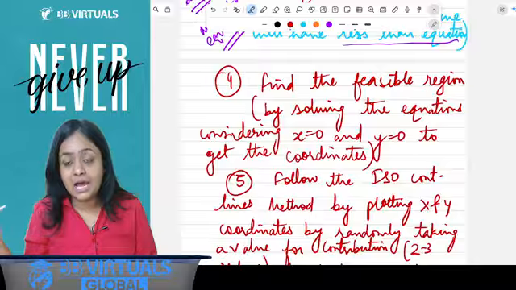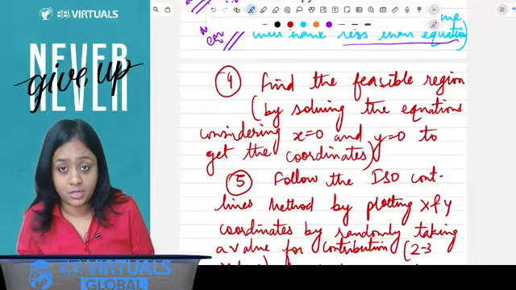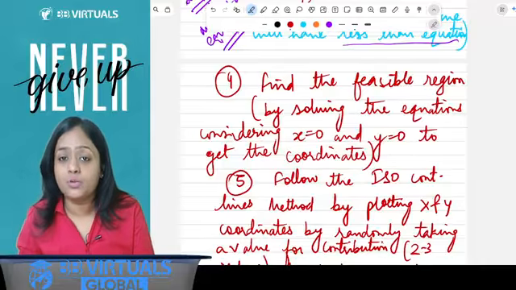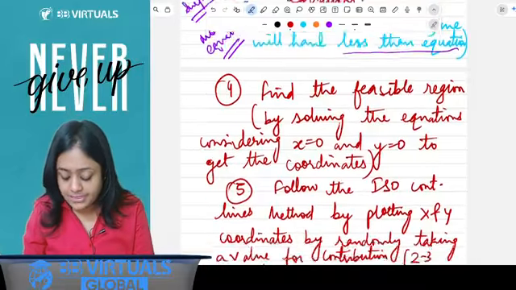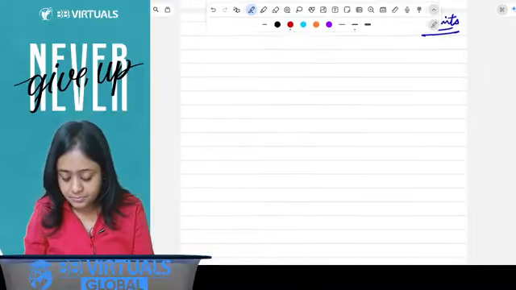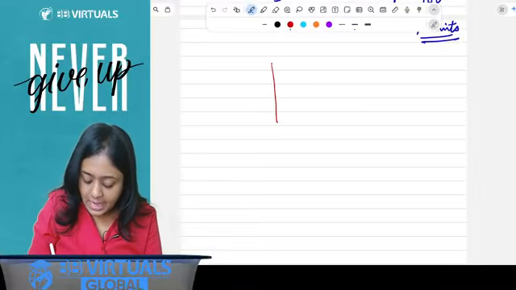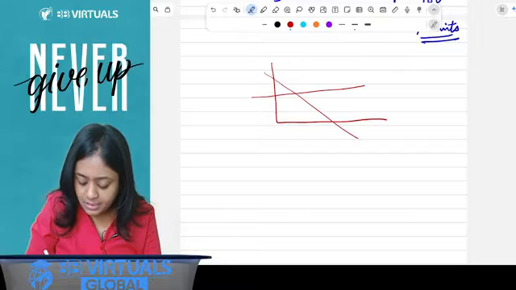Then on the graph, the coordinates get plotted and the different constraint equations get plotted. Once you plot these equations, you know these are less than or equal to equations. So for example, if I do a plotting here, let's say I have this graph, one equation is like this, one is like this, one is maybe like this.